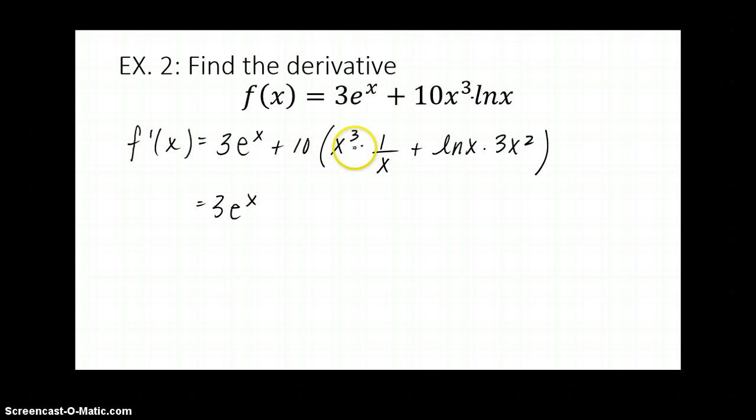I'm going to distribute the 10 and simplify when needed. So these would cancel. So I have 10x squared plus 30x squared ln of x. Nothing can be factored out of all three terms, so we can just leave the derivative as the sum of those three separate terms.